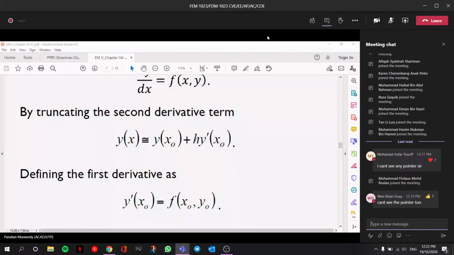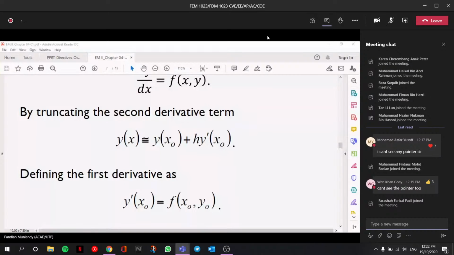What happened? Suddenly, not working. Can you see now?